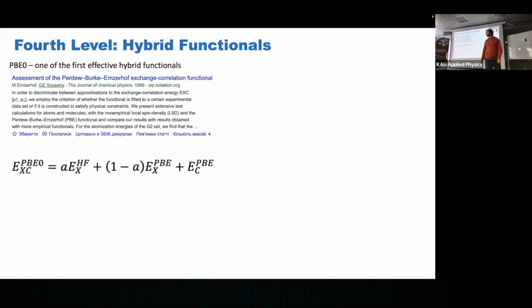So in PBE0, what was the improvement? The improvement was in the exchange term. They improved it by adding some part of Hartree-Fock. How do you think, why do we add this Hartree-Fock? What's the problem we should solve by these hybrid functionals, and why can we try to solve it by adding Hartree-Fock? Because Hartree-Fock was like 100 years ago. There were no computers at the time when Hartree-Fock was invented.